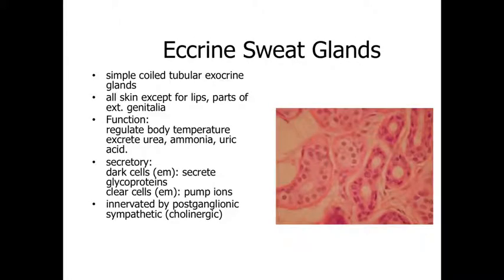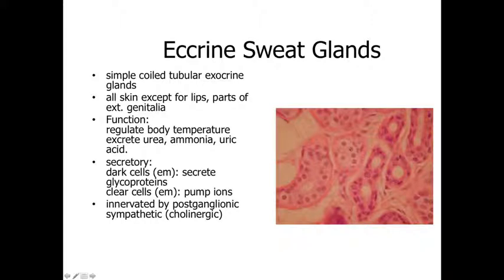Eccrine sweat glands are going to be simple coiled glands. They're going to be characterized by a lining of simple cuboidal or columnar epithelium, normally a cuboidal epithelium, with a relatively small lumen in relationship to the thickness of the wall structure. You can find these in most areas of the skin except for the lips and portions of the external genitalia.